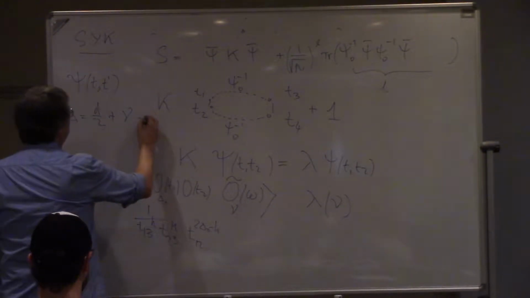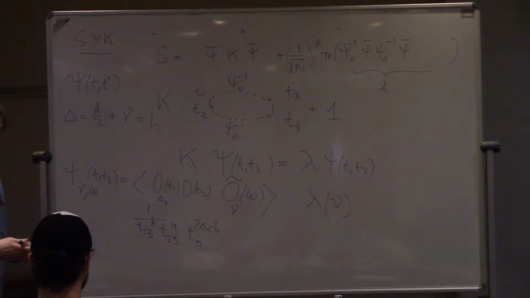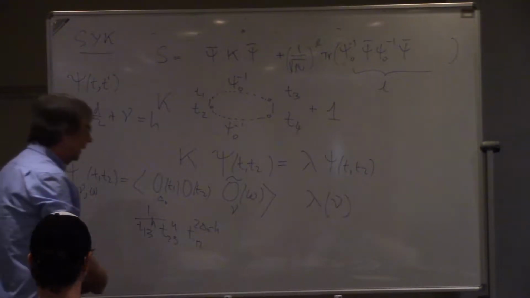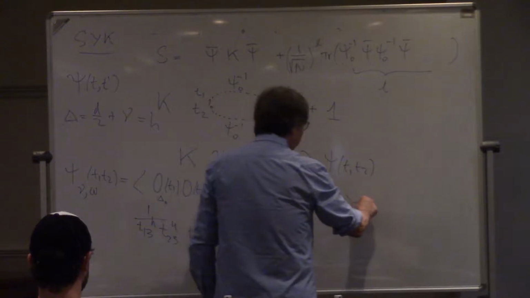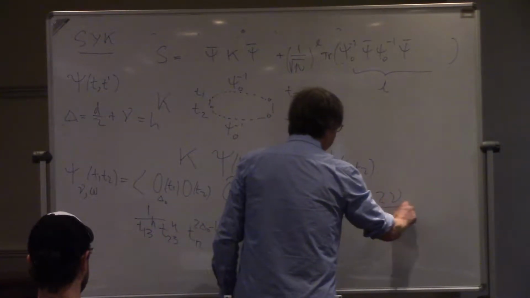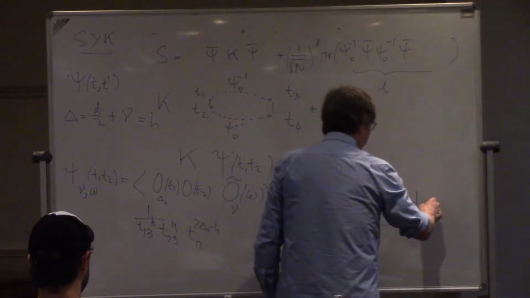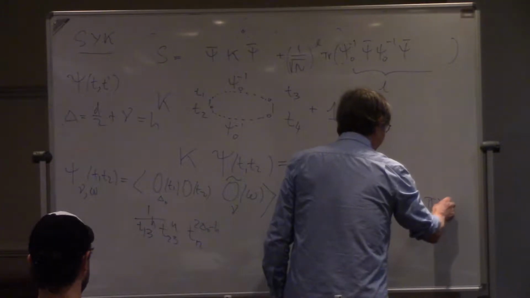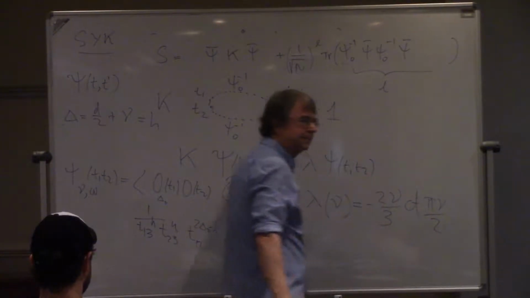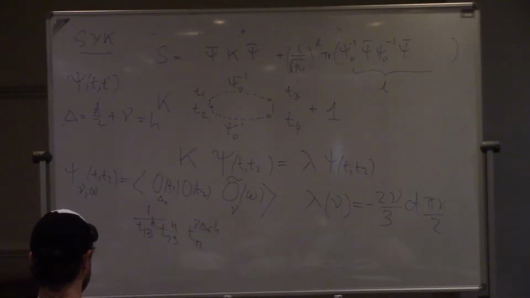I also call the whole thing h sometimes, delta or h would be the same thing. The eigenvalue is very interesting. It's minus 2 mu over 3 cotangent of pi mu over 2. Okay? And we'll make a quick comment on this eigenvalue.